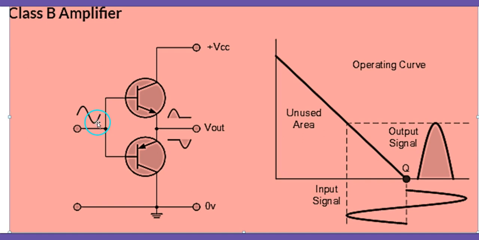It is a push-pull arrangement, so ultimately we get the full signal in the output, but each transistor handles one half. The positive point of this application is that the efficiency becomes better. So this is a class B amplifier.